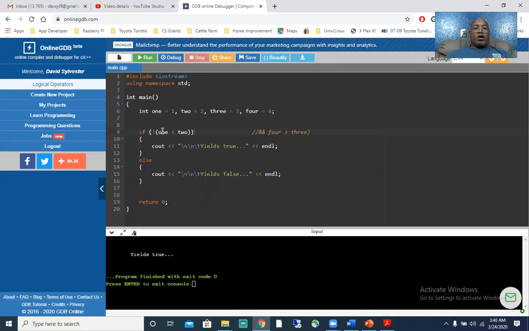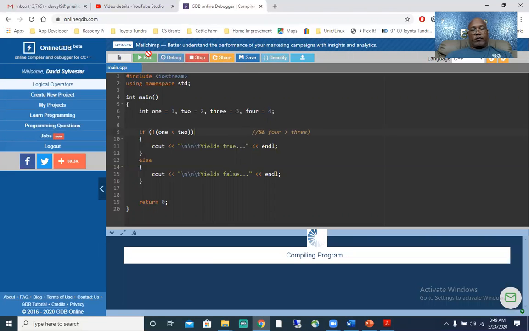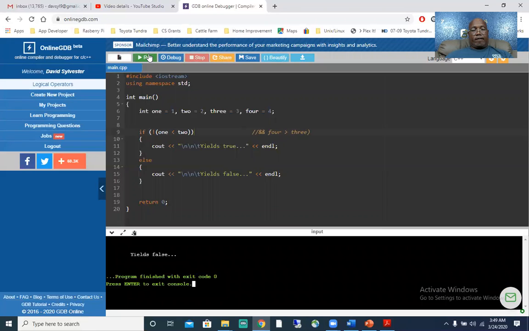So 1 less than 2 is true, but it's going to yield false. So let's run this. See, it yields false. What it did was reverse the outcome of this true condition.